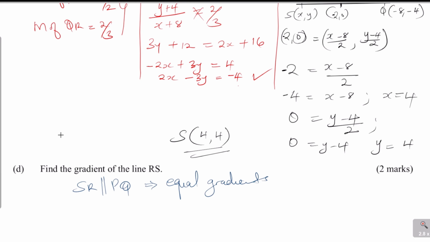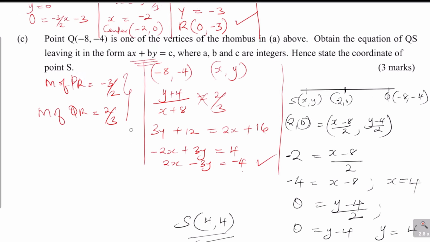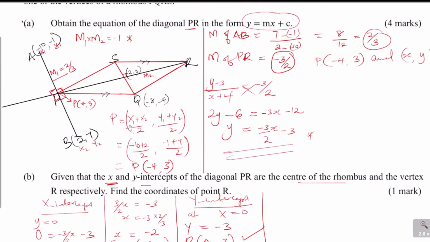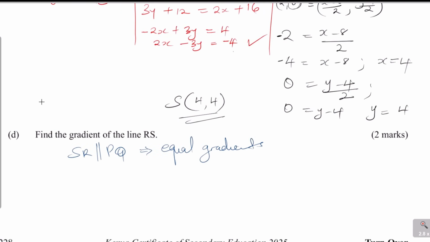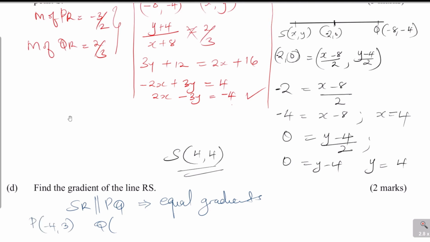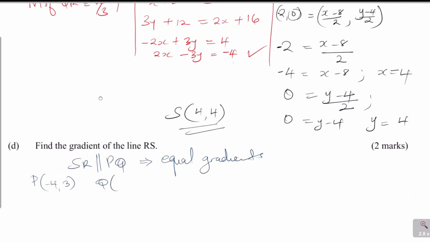So what is the gradient of PQ? I think we can get that, since we have the points P and Q. P is -4, 3, and Q is -8, -4.